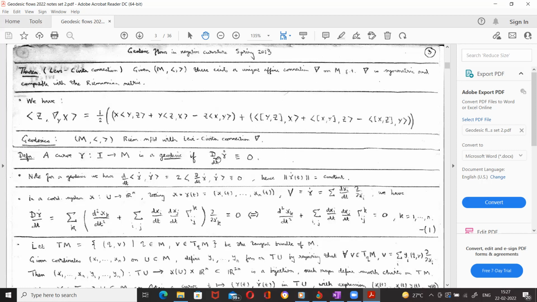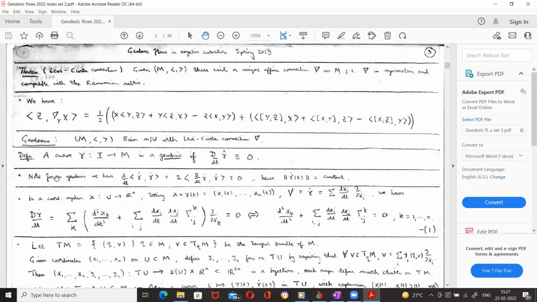Not actually globally, but as I was saying in the example of the sphere S2 last time, it will give us what are called locally length minimizing curves. All right. So we're going to take as our starting point this differential equation: D/dt of gamma dot is 0. So gamma dot is a parallel vector field.